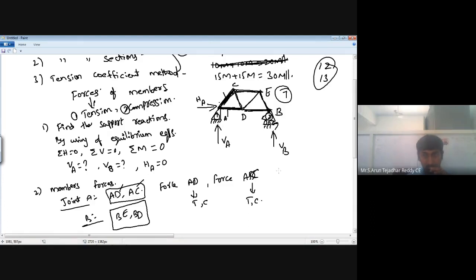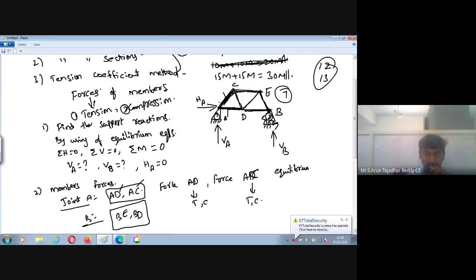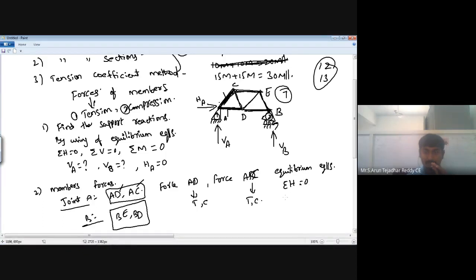Same, we need to apply equilibrium equations. Without equilibrium equations, we can't do anything in this type of problem.